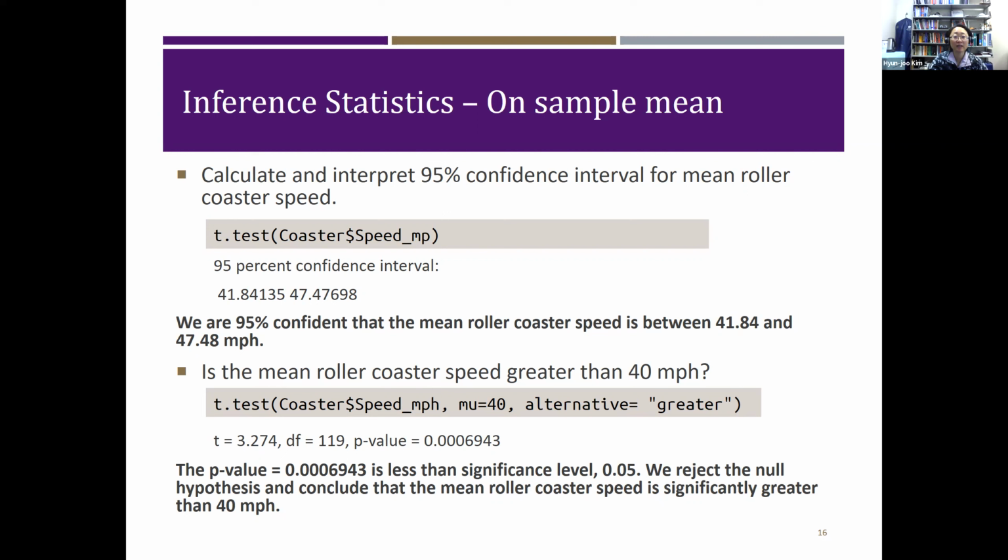The t.test returns a number of results, including a test statistic of 3.274, degrees of freedom of 119, and a p-value of 0.0006943.